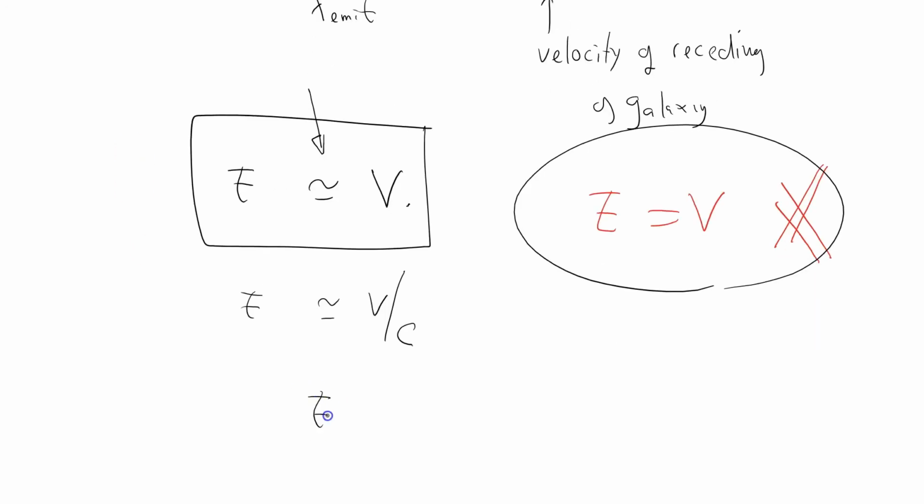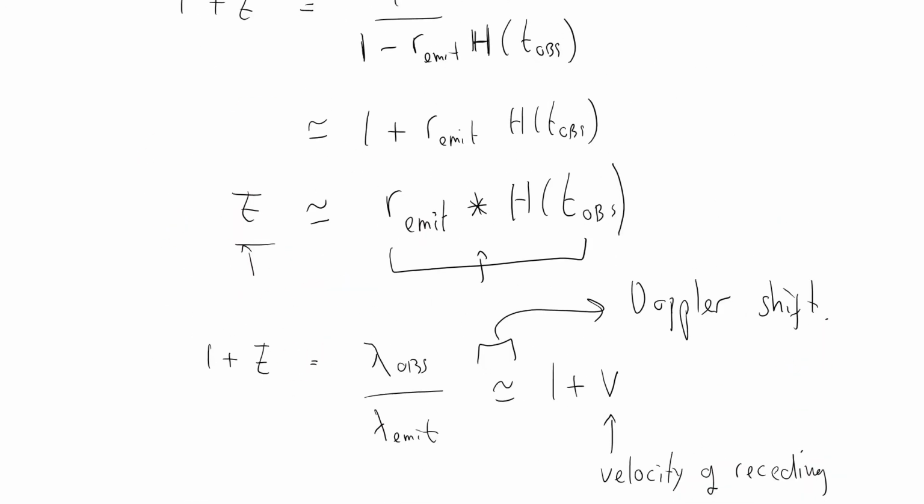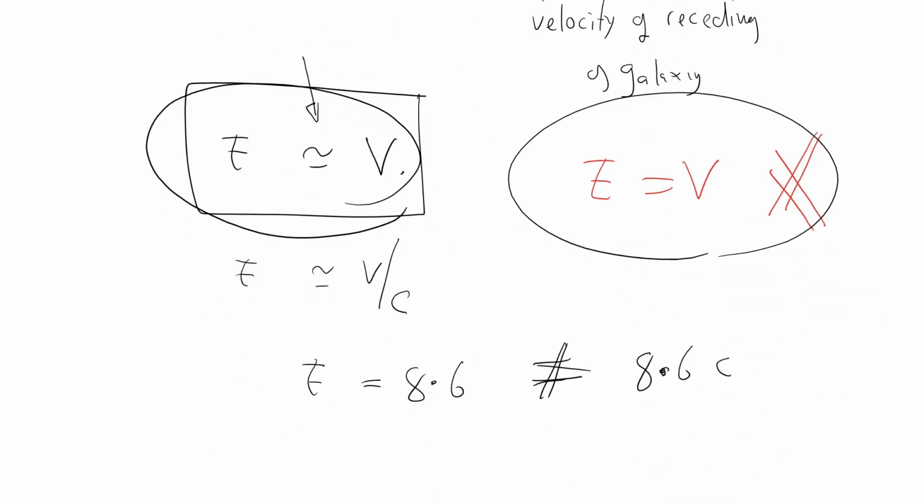But somehow, we've got a z of 8.6, which is not equal to a speed of 8.6 times the speed of light. There's no equality here because this is only an approximate relationship, as you saw, because I used Taylor expansions and a whole bunch of linearized approximations to derive this result here. So the redshift is not equal to its recession speed.